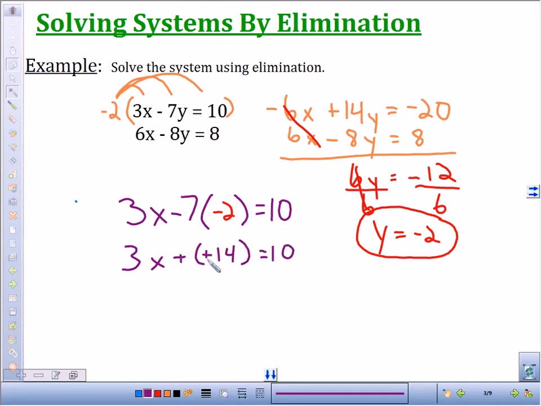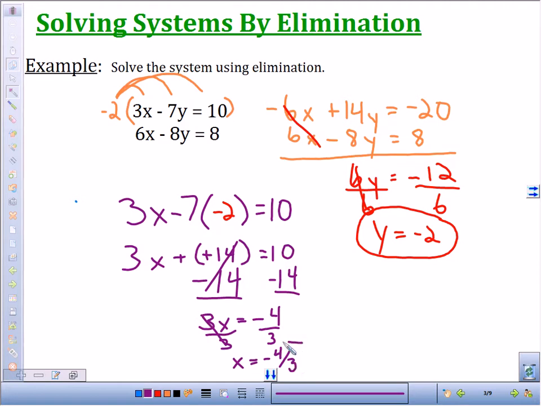Well, of course, these two negatives make a positive, so it's 3x plus 14. I need to subtract 14 from both sides. 3x equals negative 4. 10 minus 14 is negative 4. I will divide by 3, and I get x equals negative 4/3.